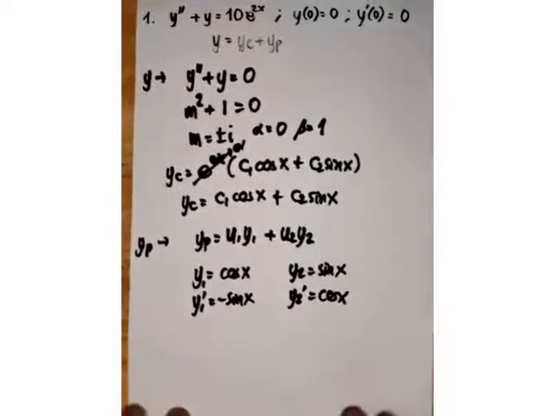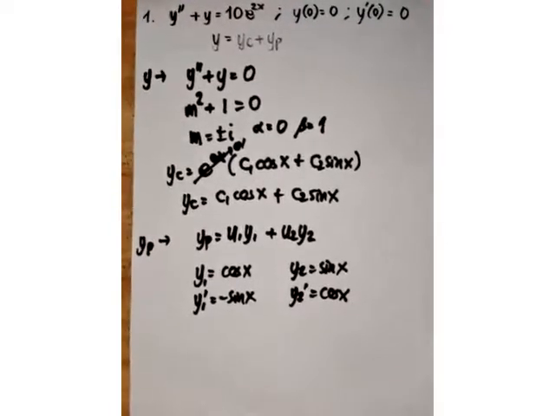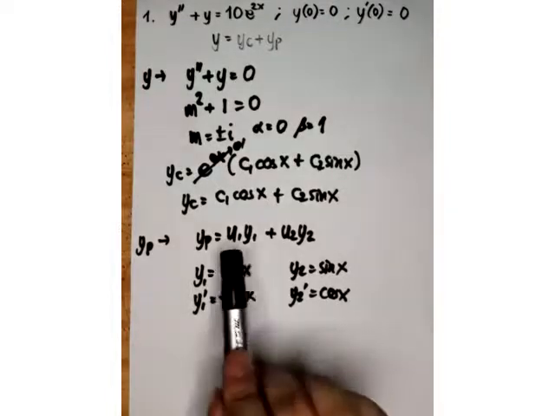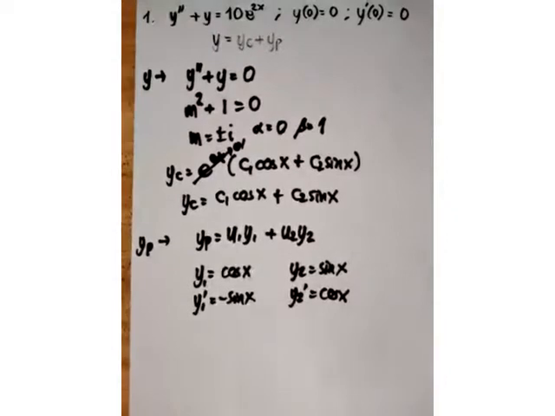And then using this method, we will introduce a set of equations wherein we want to get u1 prime and u2 prime, and after we get them, we will integrate them to get the value of u, so we can substitute them into our equation.